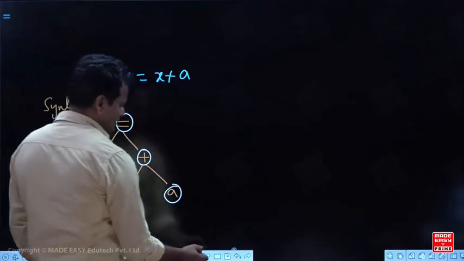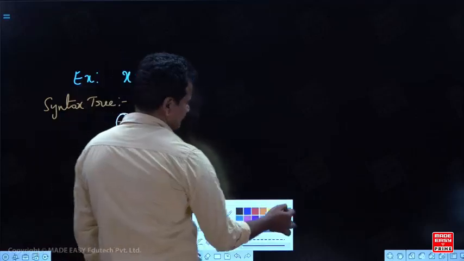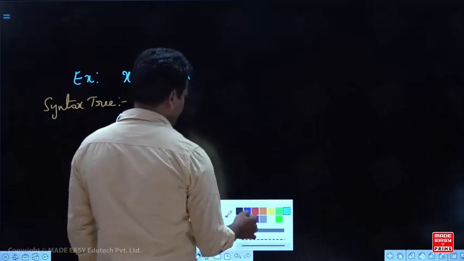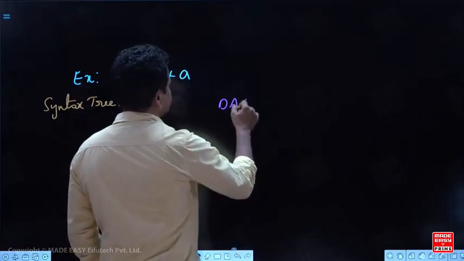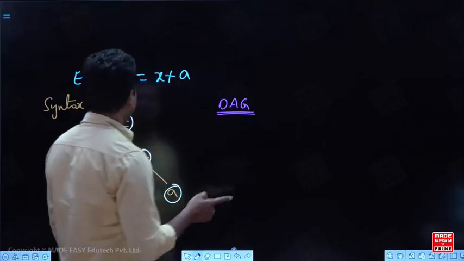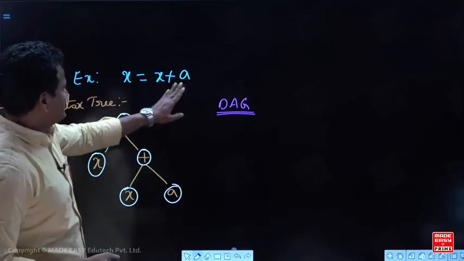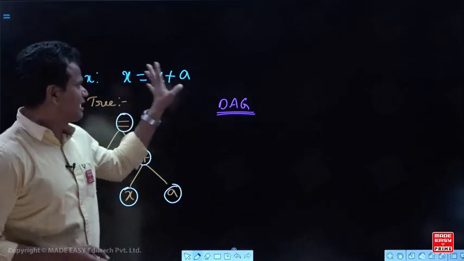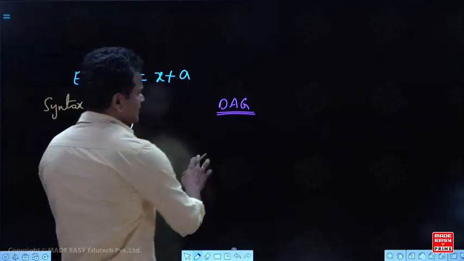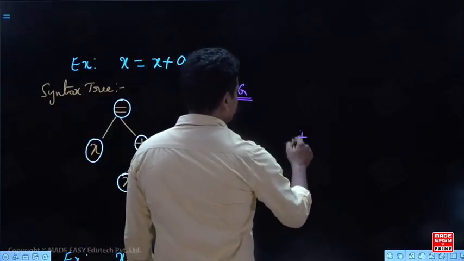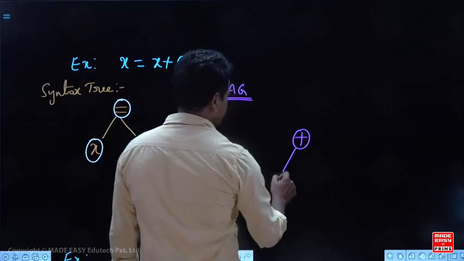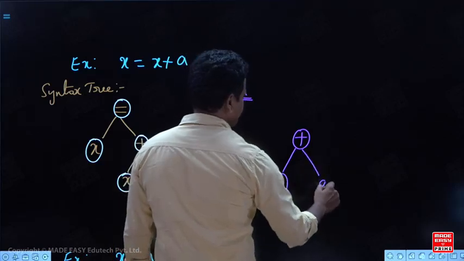But in the case of DAG, we don't create the same node again and again. First of all, you have to evaluate x plus a. So first I will add the two nodes x and a.